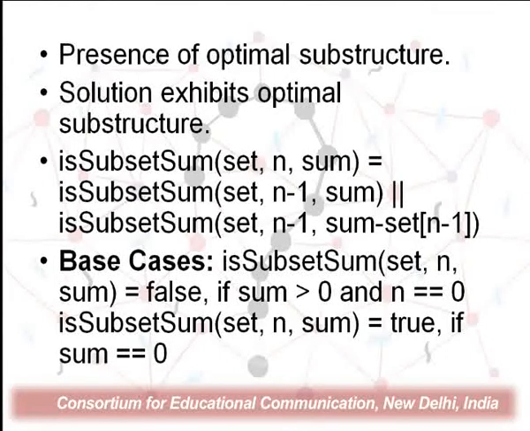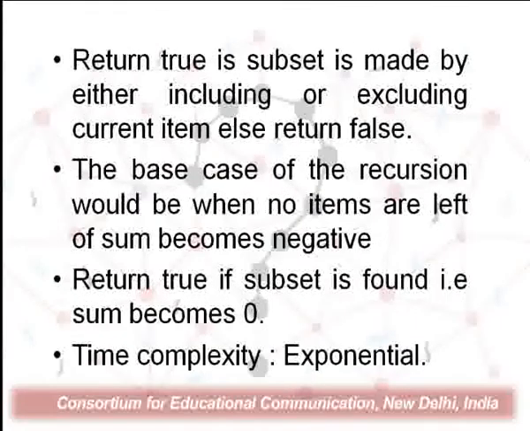So both of these will be considered the base cases of this problem. That means we will return true if the subset is made by either including or excluding the current item, and we will return false otherwise.